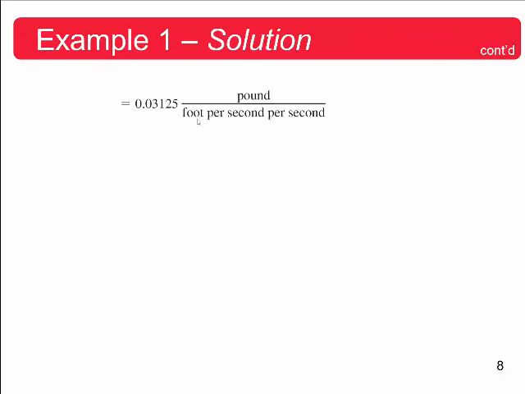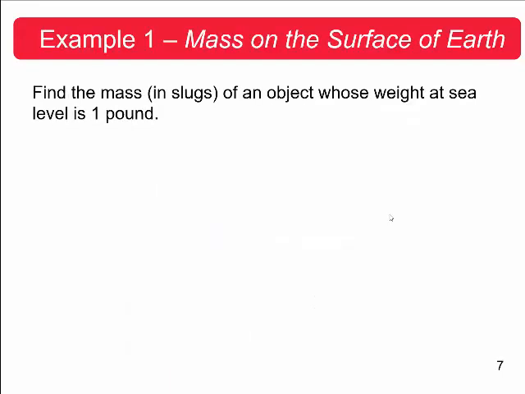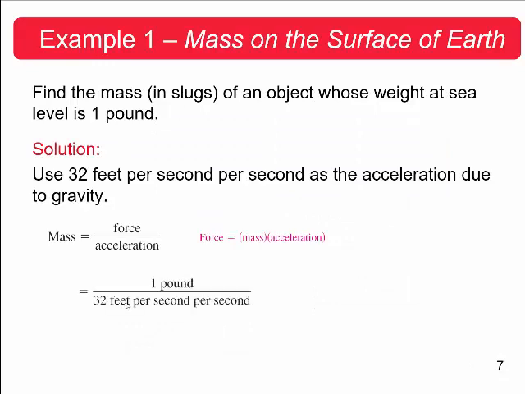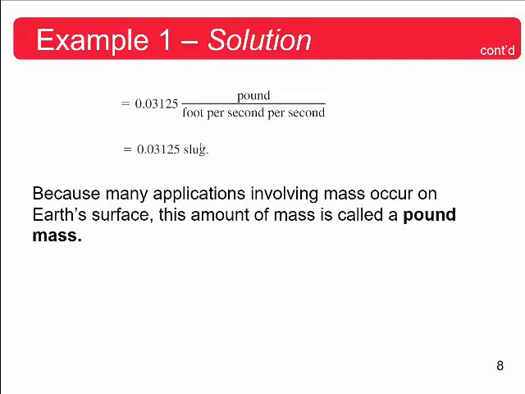So pound divided by feet per second squared, as I showed. So 1 pound divided by 32 gets you this. And then this right here we know is equal to a slug based on that definition I gave. Okay, so because many applications involving mass occur on Earth's surface, the amount of mass is called a pound mass.